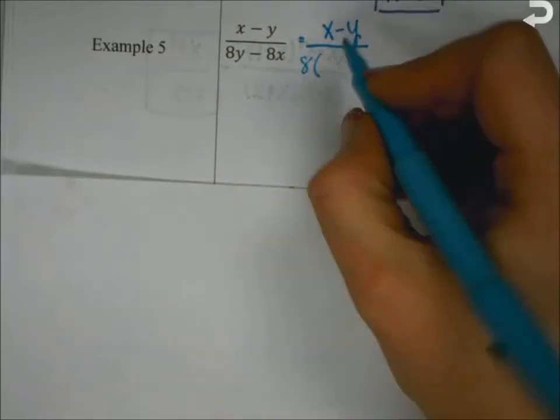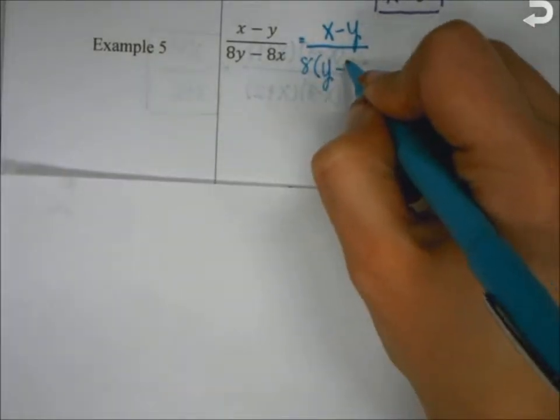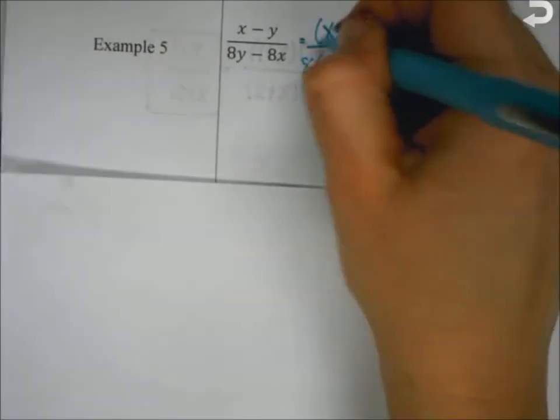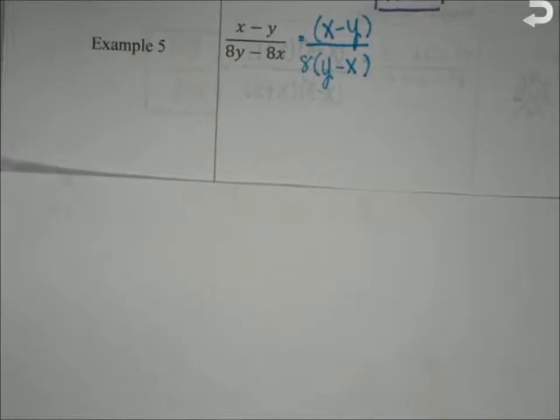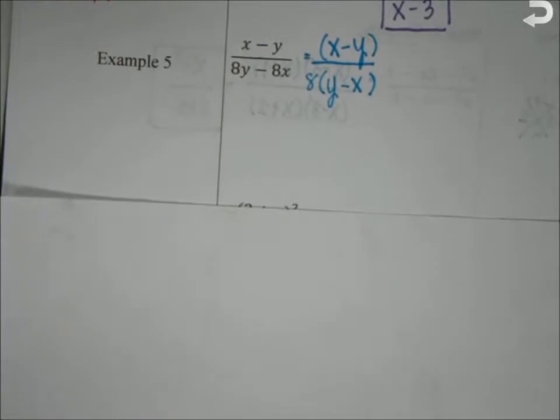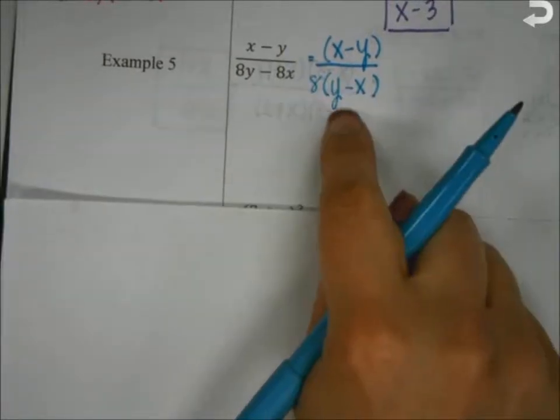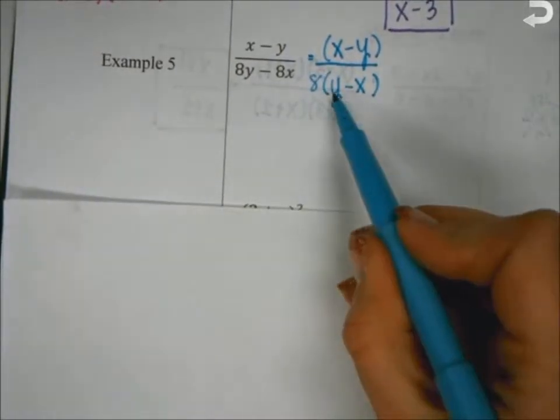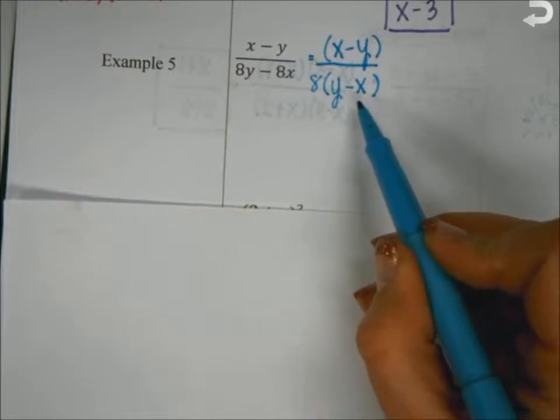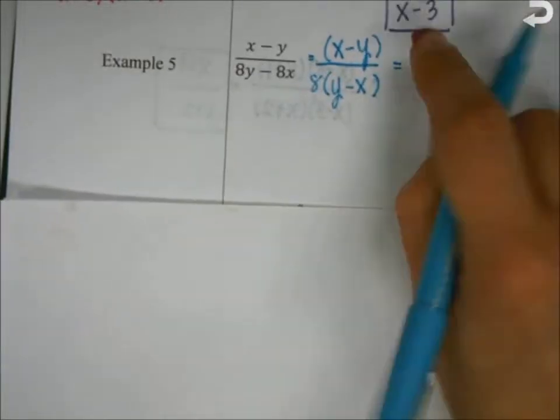Okay, can I cancel those? No. What if you took out a negative 8? Exactly. What if I took out a negative? If I take out a negative from here, that y becomes negative and that x becomes positive. So let's do that. Does anybody remember what these are called? They're called opposite binomials.